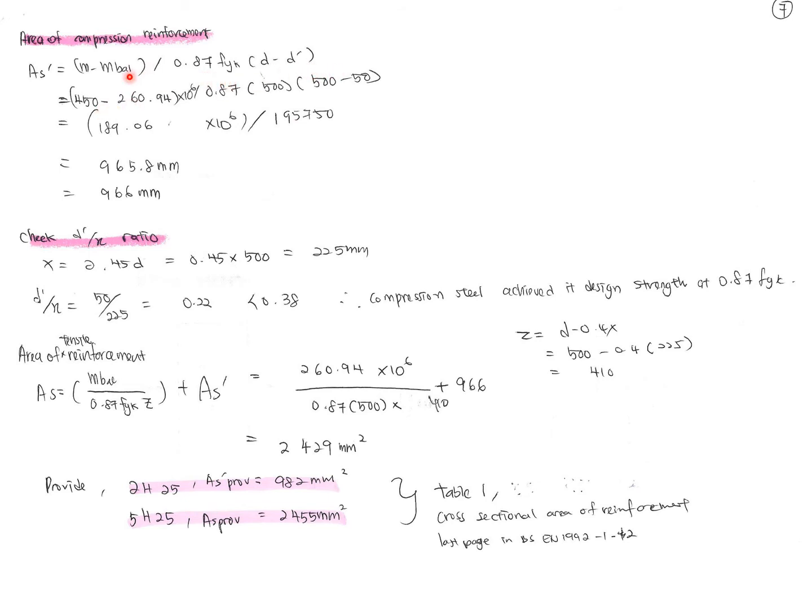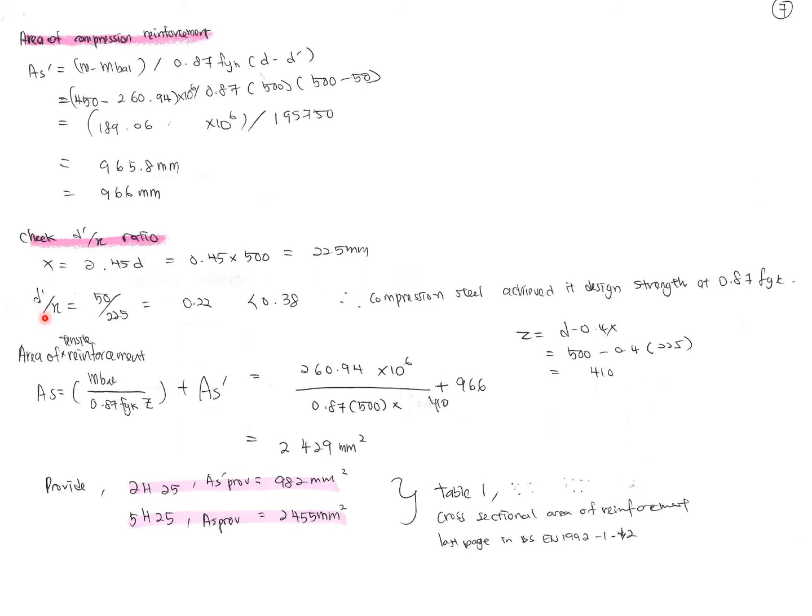You substitute the values of M balance, fyk, d, and d prime, and you will get As prime equal to 966 mm squared. Then check the d prime over x ratio. x is equal to 0.45d, so 0.45 times 500 is 225 mm.